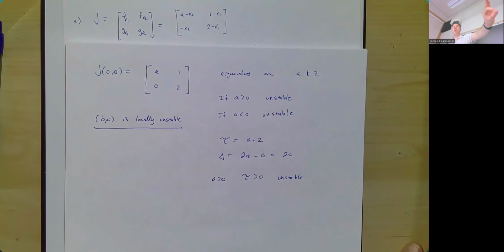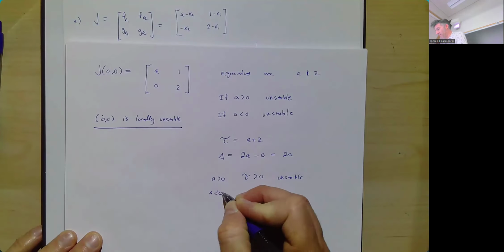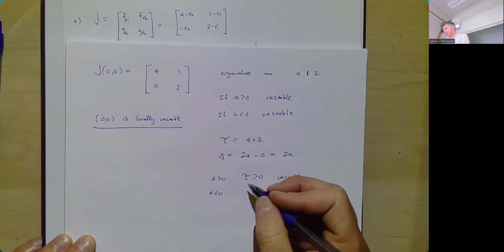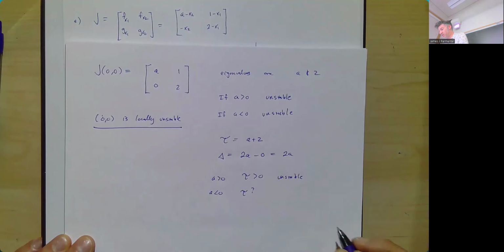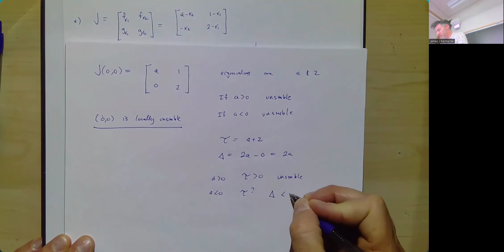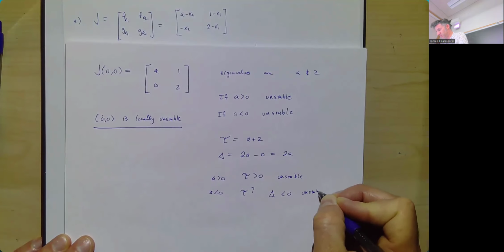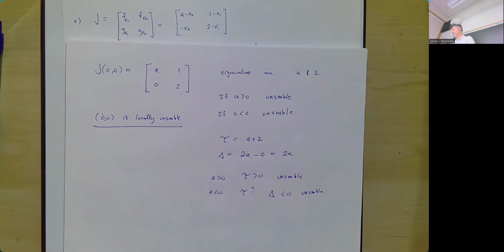To be stable, you need both the trace to be negative and the determinant to be positive. If one of those things fails, then it's unstable. If A was negative, the trace is questionable, but the determinant is negative, which means unstable because it's a saddle. I don't know if this is the best way to do this for this particular problem, but that's the theorem, I think theorem 16 from some section about this.